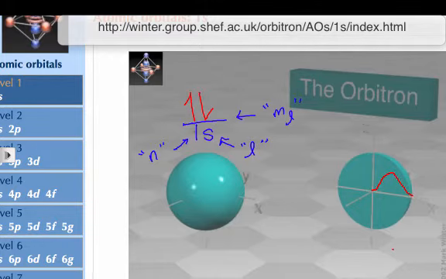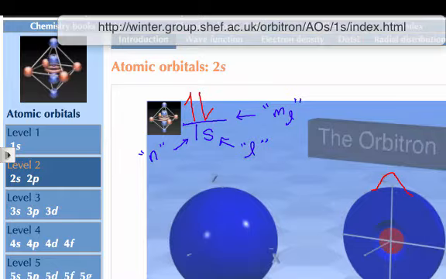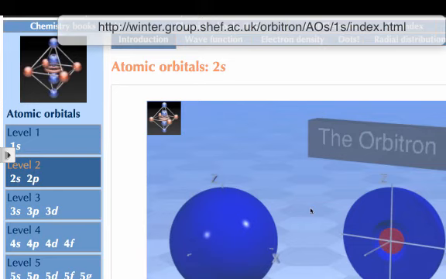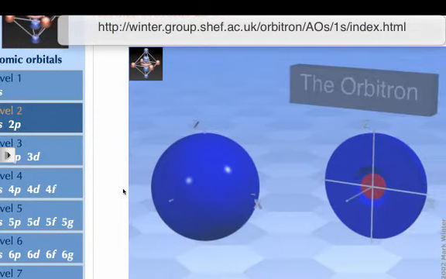Okay. Now, let's take a look at the 2s. Now, N is higher, so 2s should be bigger and further away from the nucleus. And it's not quite showing this to scale here, but it's like those Russian nesting dolls. This would be a sphere within a sphere.